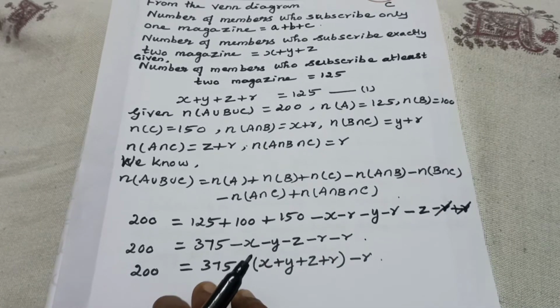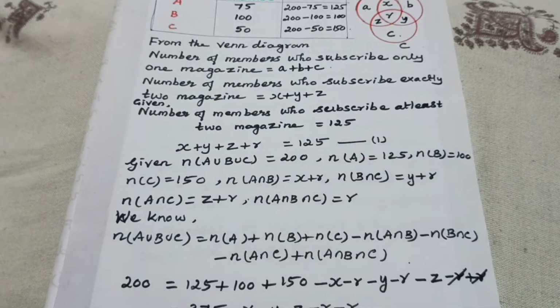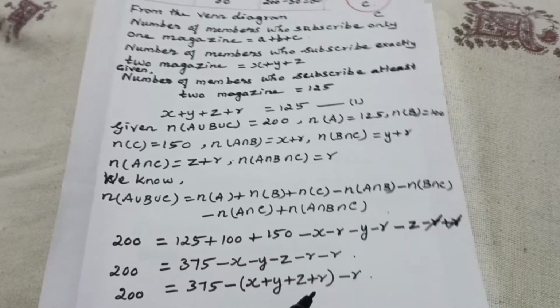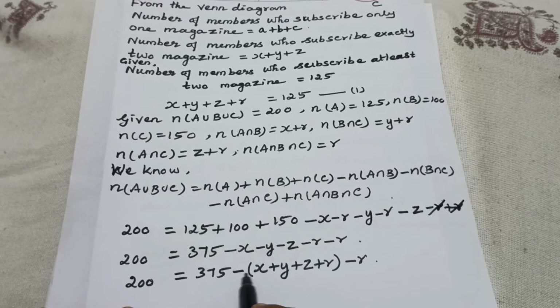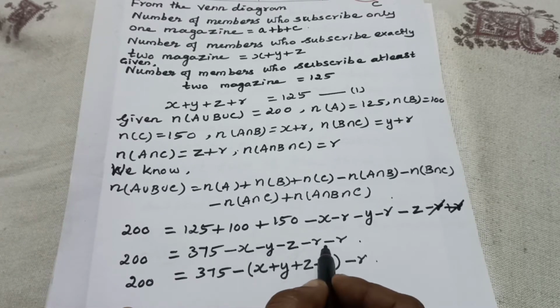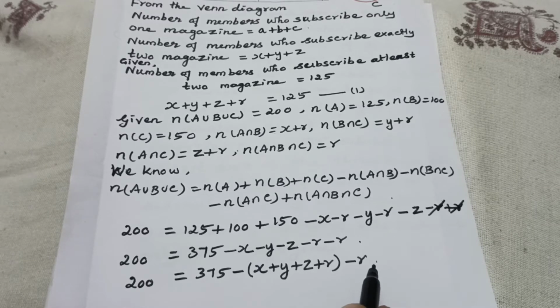If we take like this value 125 we can substitute here. Minus common you should take outside. If you multiply the minus inside, then we will get this term. Minus common you take outside, then X plus Y plus Z plus R we will get.